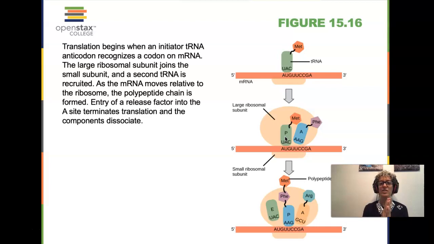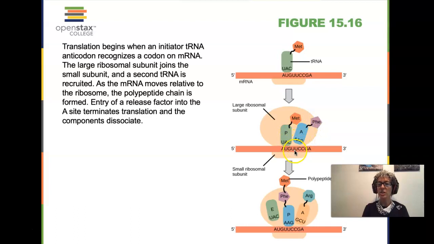And the P site stands for peptidyl or polypeptide site. There's not a polypeptide yet, but the reason why it sticks in the P site is that the A site, which stands for acceptor, has to be open and available for the next amino acid attached to the tRNA to sit in.